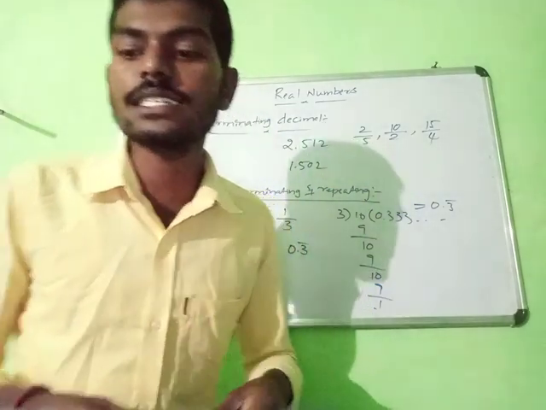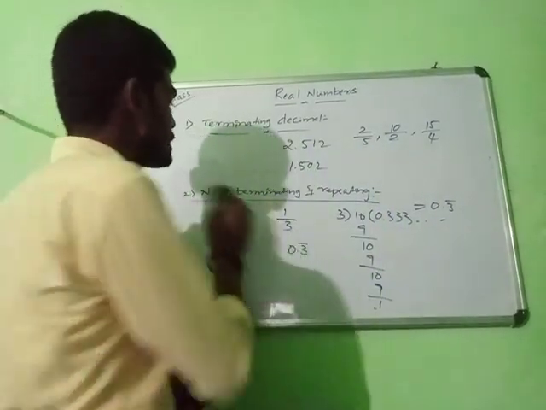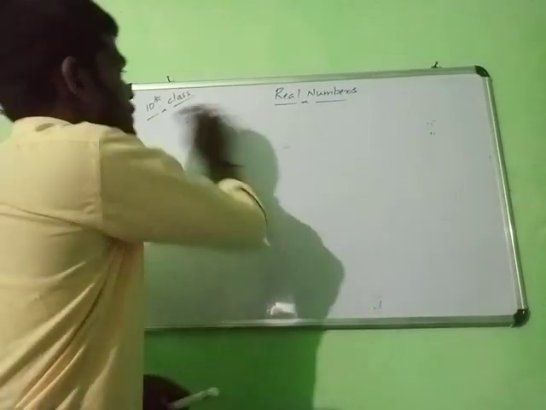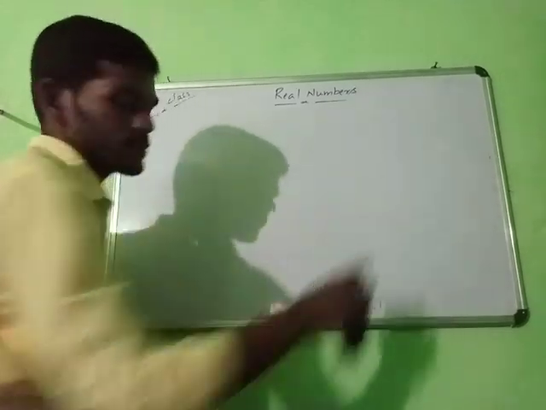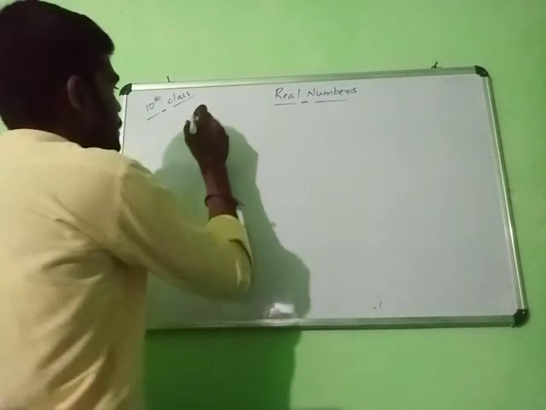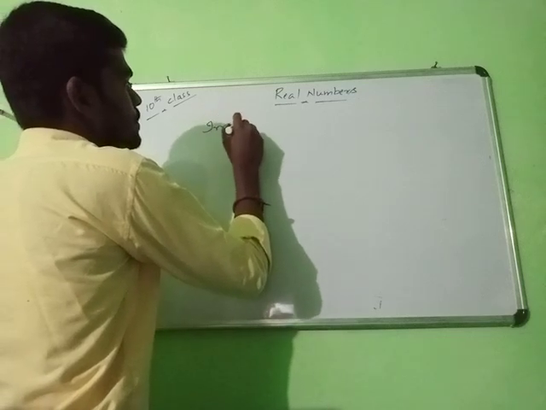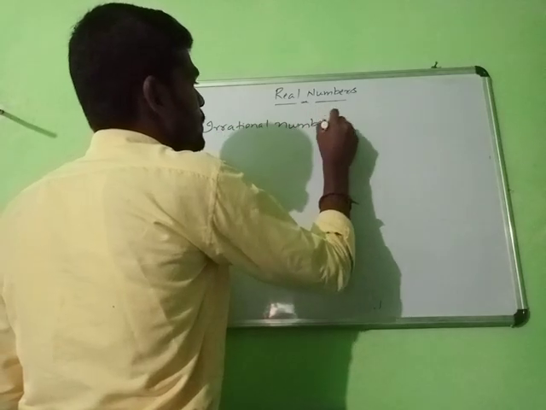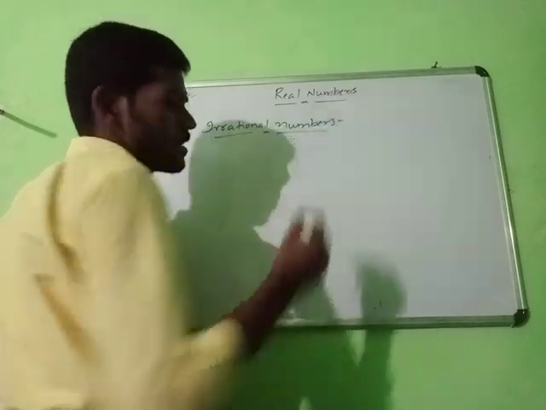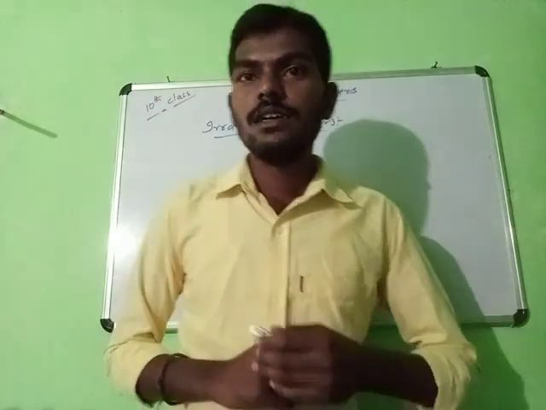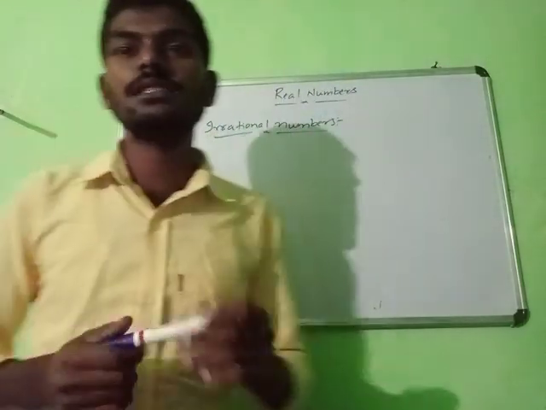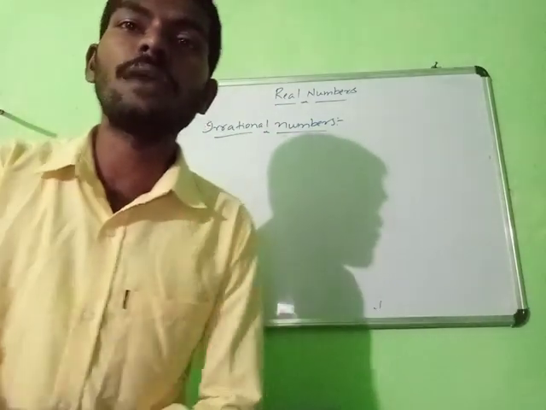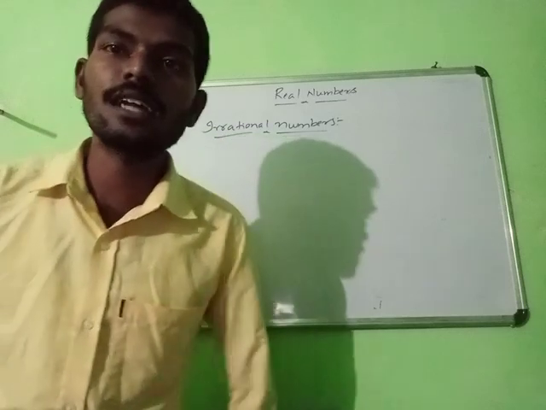And the next one is, what are irrational numbers?